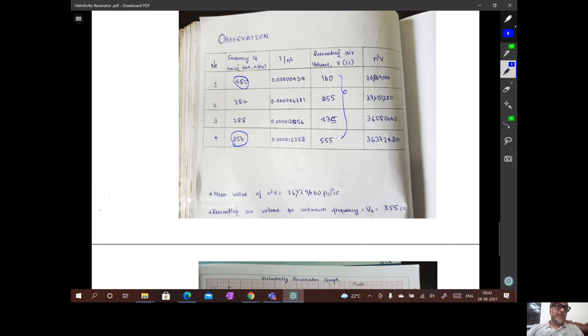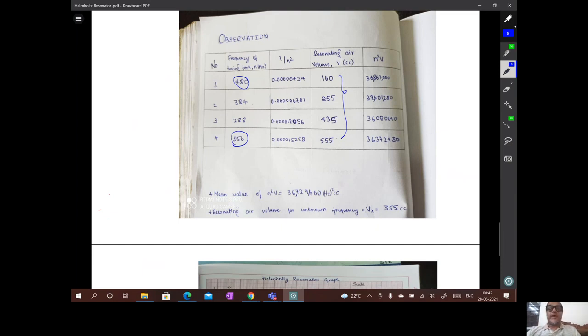If somebody in the lab gets exactly 9.8, then there is some problem. You will never get it. When you perform an experiment, there will be an error bar, there will be scattering in the data. That's no problem. But more or less, this value n square v is a constant.